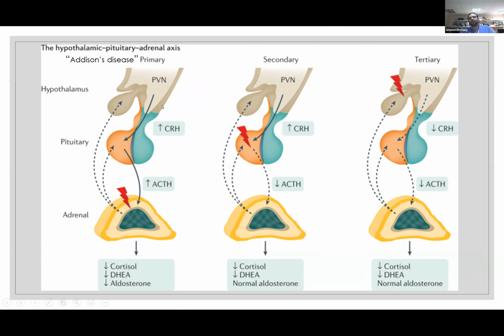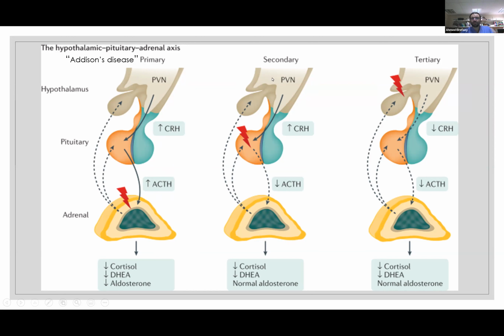So the paraventricular nucleus in the hypothalamus will keep secreting the corticotropin releasing hormone, which will stimulate the pituitary gland to secrete more adrenocorticotrophic hormone. So in Addison's disease, which is the primary adrenocortical insufficiency, we need to understand that the factory itself is not working, no hormones at all, but the stimulating hormones are high, and this is how we diagnose it.